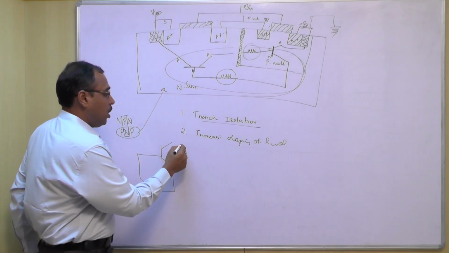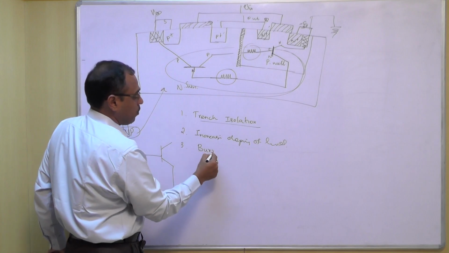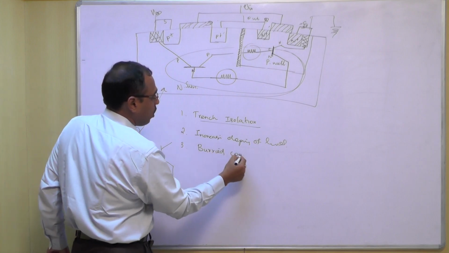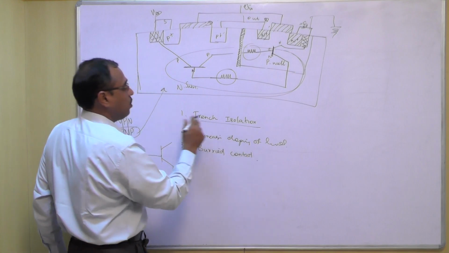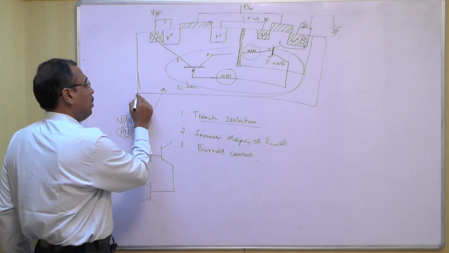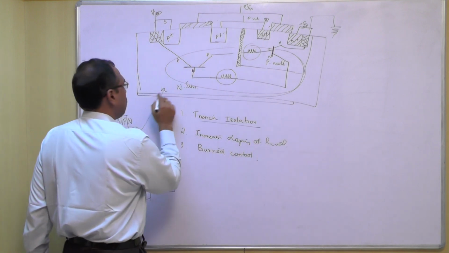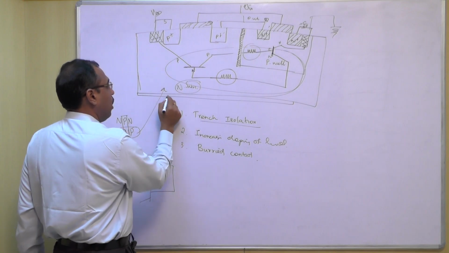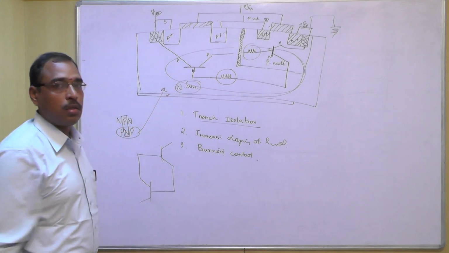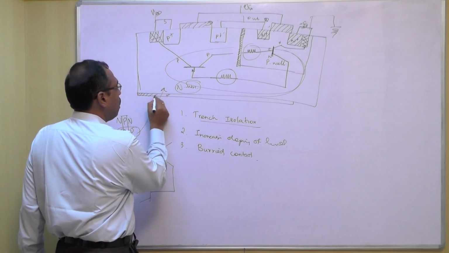The third method to avoid this is buried contacts. What a buried contact is: again it is used to reduce the substrate resistance. A very highly diffused layer of the same type, suppose it is an N substrate, here N plus, highly concentrated N plus is diffused at the bottom of the substrate.